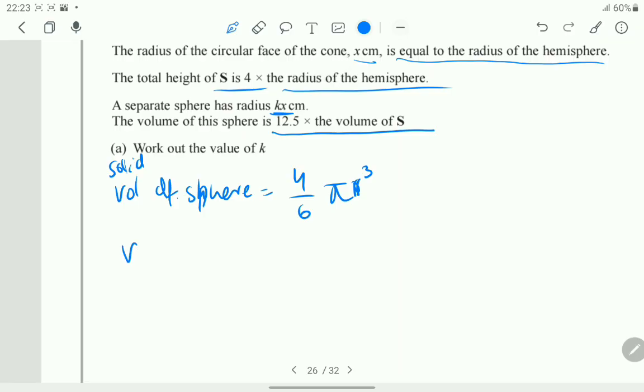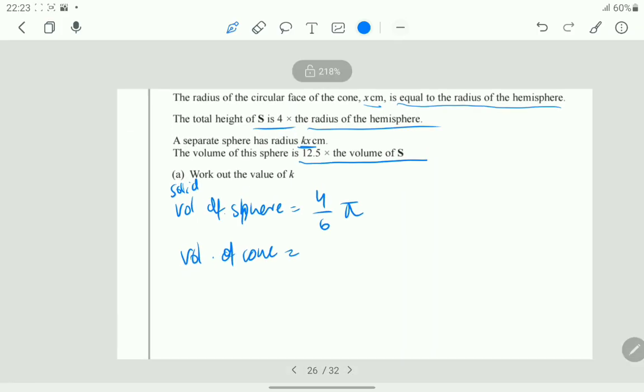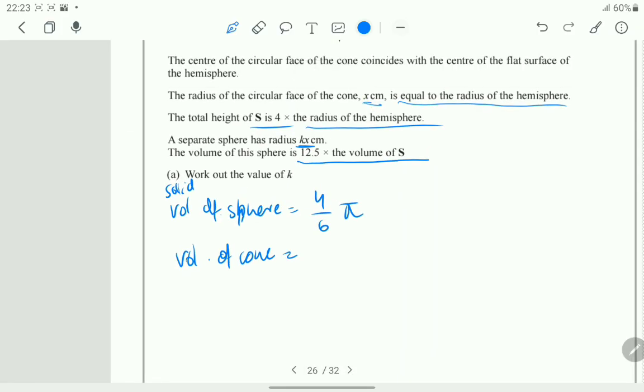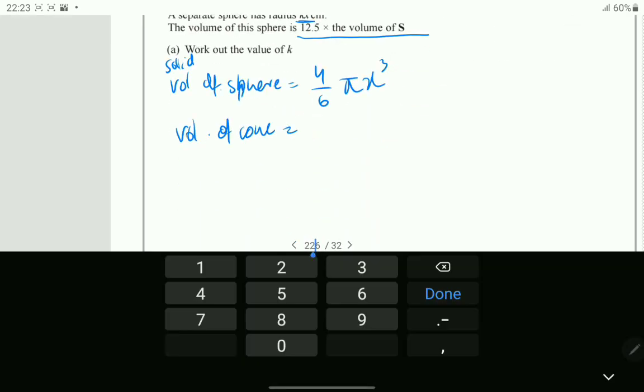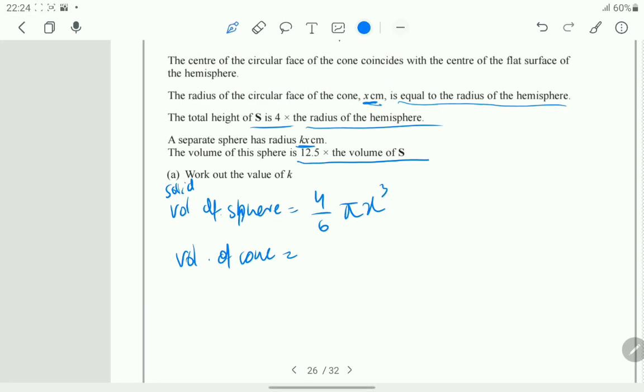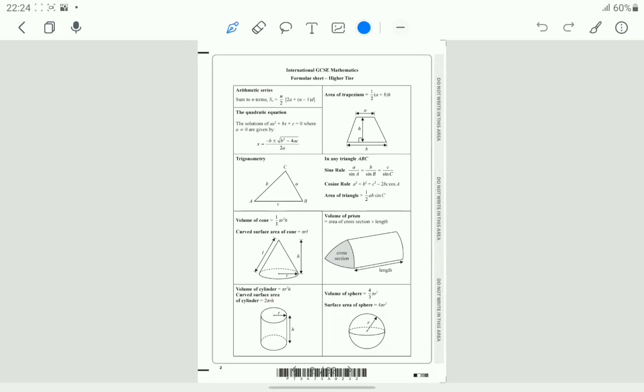And volume of a cone is, and just to be clear, since we know that the radius of this is x centimeters, let's just use x cube, and the volume of a cone is given in your formula sheet. Let's just go and check it out.